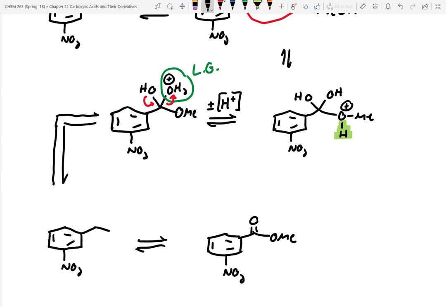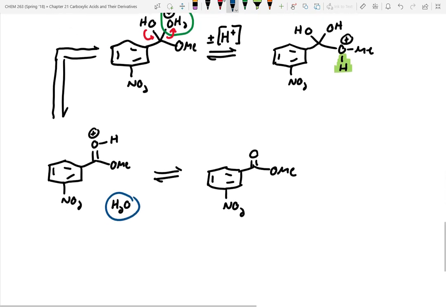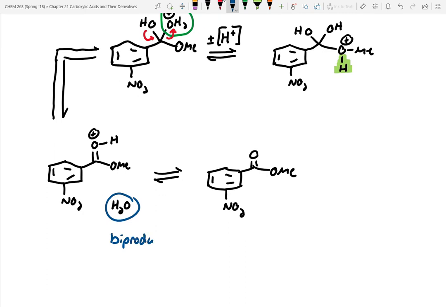Sorry, I chose the wrong side. And let me slide this over a smidge. Water is a byproduct here. So I'm just going to circle this and label that as a byproduct / leaving group.